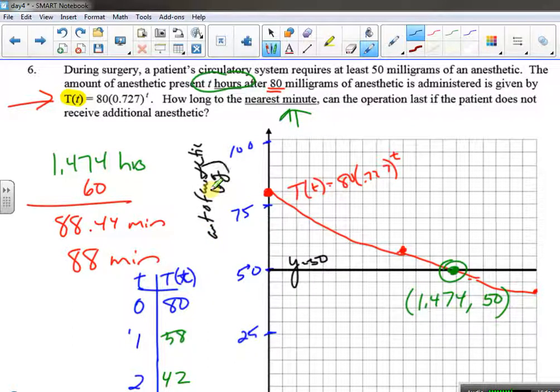So we got some units also. So the graph is actually the solution. The only thing I had to do in addition to that in this case, I've got a table, got everything labeled, got my points circled, got my axes labeled, got my scales proper. And the last thing I had to do, because they asked me to change units on here, is change the hours to minutes and round off as requested, nearest minute, 88 minutes, and you're done.